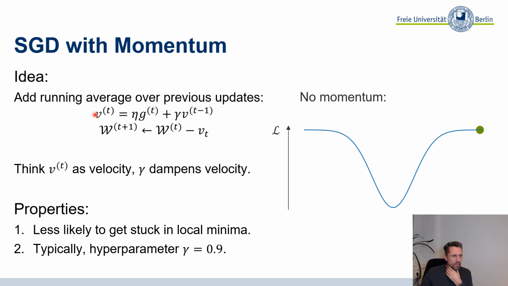And we do this by integrating past gradient steps or gradient vectors into a variable that's called v, like velocity. So new here is some hyperparameter, this gamma here.